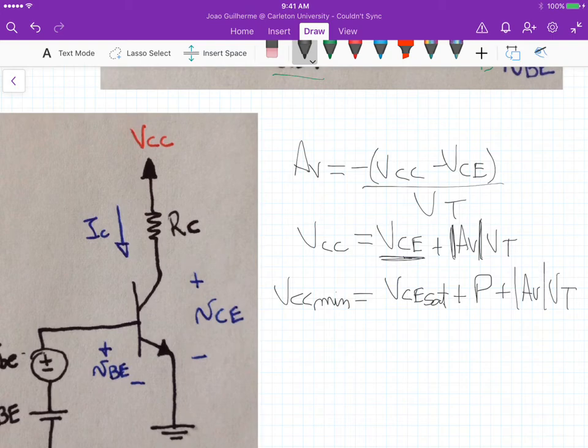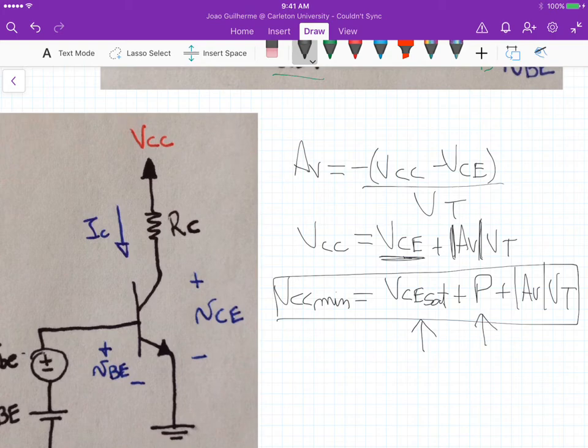So that's the minimum value of VCC. If we know our VCE sat, the maximum amplitude that we want to represent, and the gain, we can calculate this minimum VCC. And that's basically the second part of this exercise.